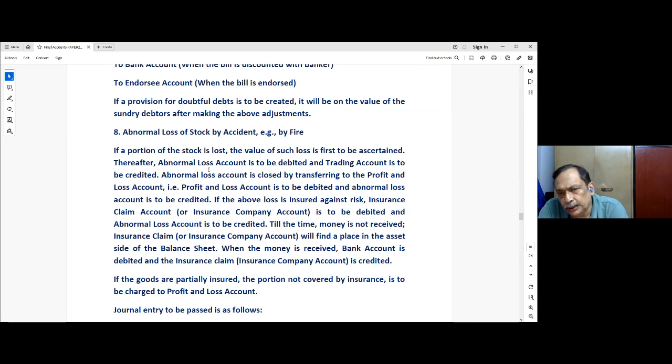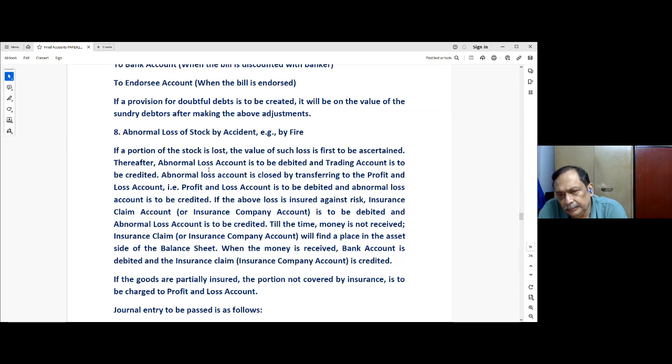If the loss that we are talking about is insured against risk, insurance claim account or insurance company account is to be debited and abnormal loss account is to be credited.